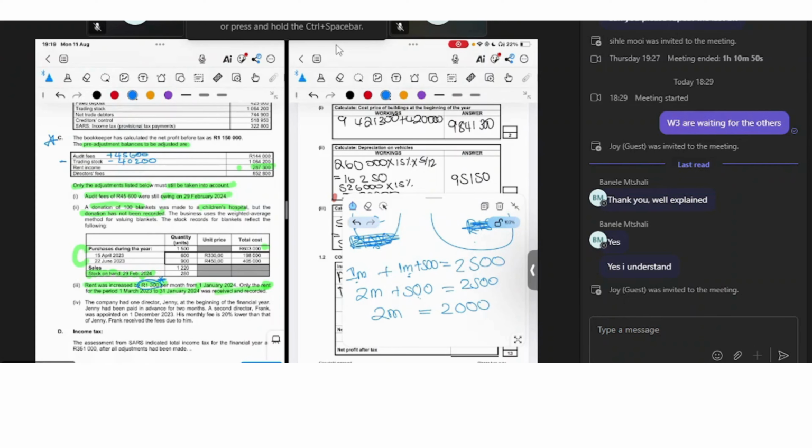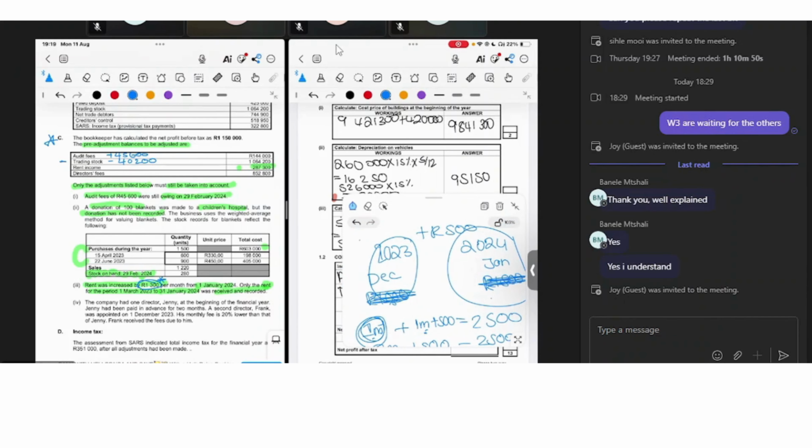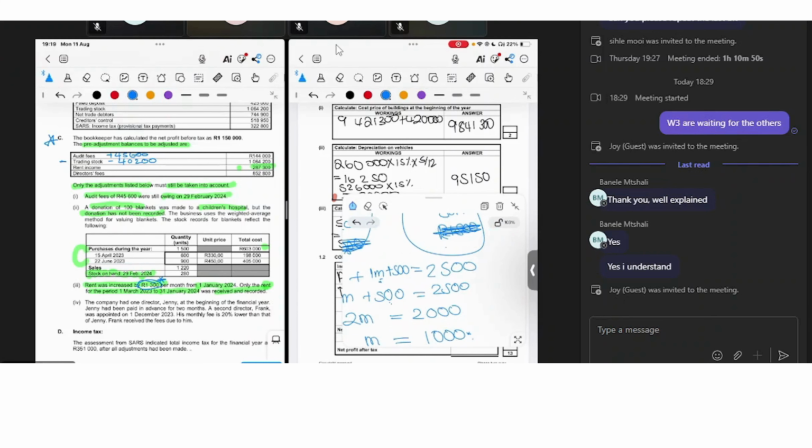Then we divide by 2 because we want the M, which is the rent per month, which will give us 1,000. This is telling us this was the rent before the increase, so 1M, because 1,000 times 1 gives us 1,000. So this is rent for December, 1,000. But for January, it's 1M plus 500 because it's an increase. So it's the 1,000 plus 500, making it 1,500.